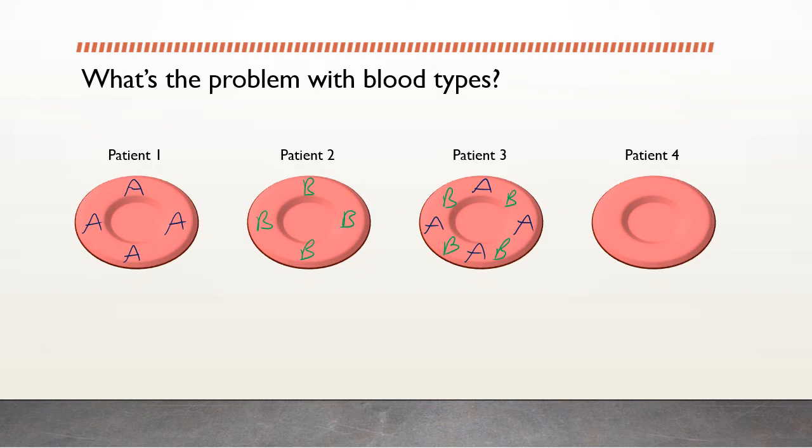So what's the problem? Well, as a matter of course, your immune system makes antibodies against whatever blood glycoproteins you don't have. Okay, so there are three possibilities here. You can have an anti-A antibody, you can have an anti-B antibody, or you can have neither. Or you can have both.